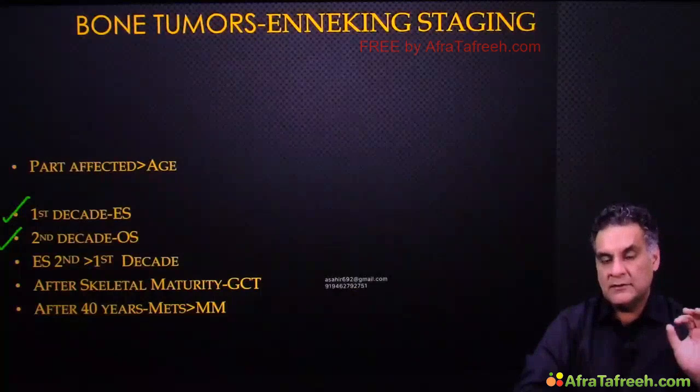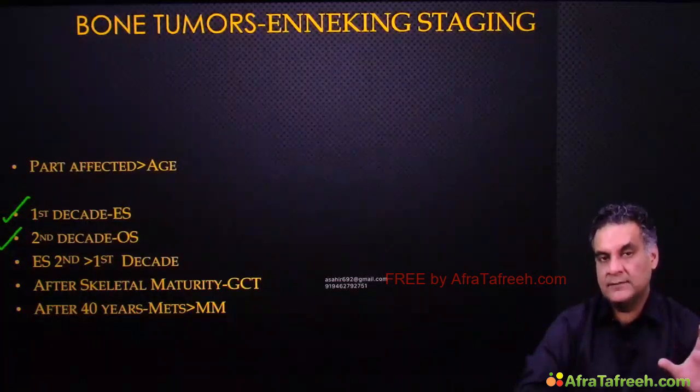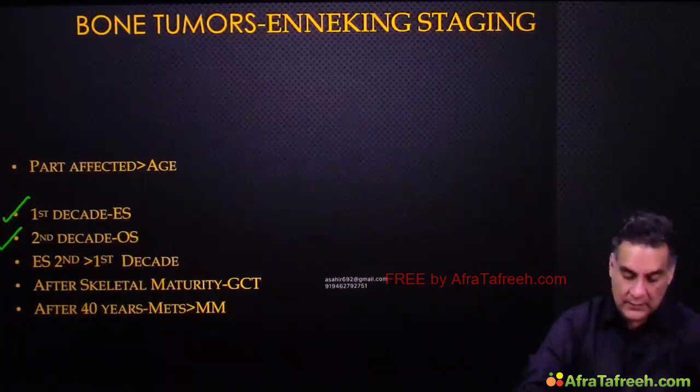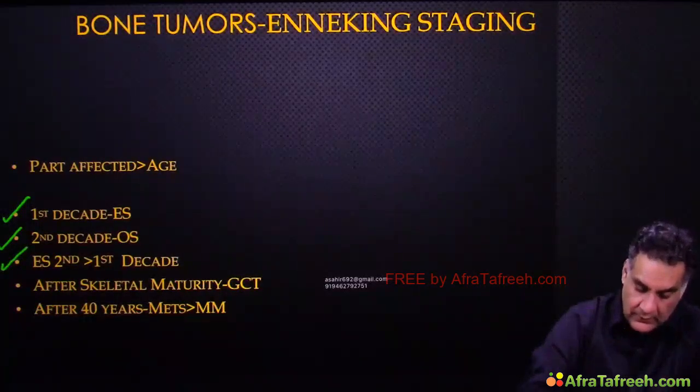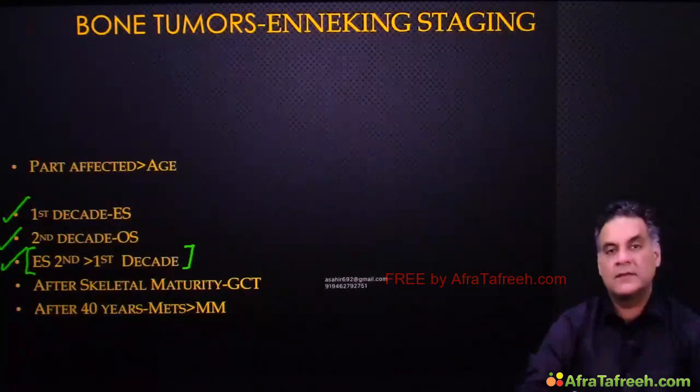But if we just look at Ewings, although Ewings is the most common tumor of the first decade, you will see more number of cases of Ewings in the second decade. So Ewing sarcoma, second decade more than the first.